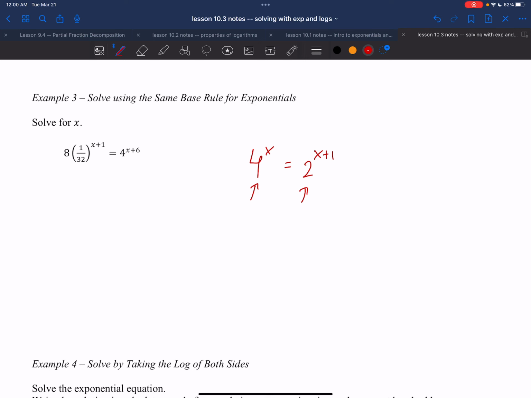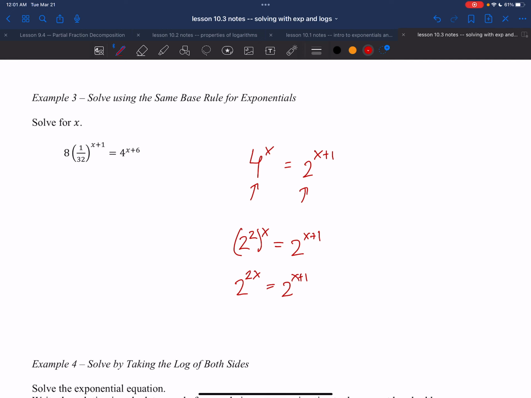However, 4 can be written as a base of 2 to some exponent because 4 is 2 squared. So if I do 2 squared to the x equals 2 to the x plus 1, then I say, okay, this is 2 to the, I multiply my exponents, 2x equals 2 to the x plus 1.